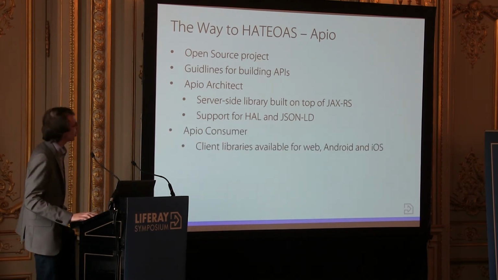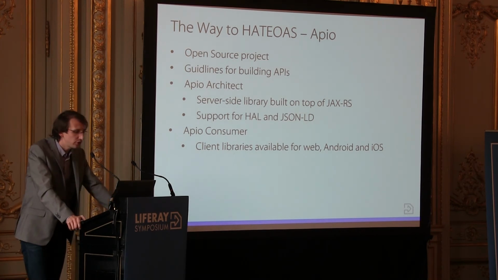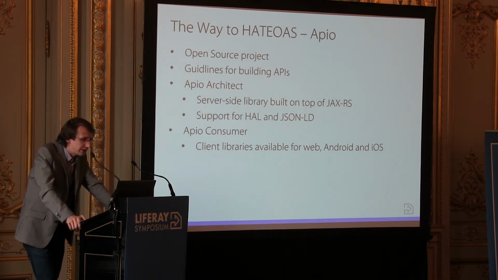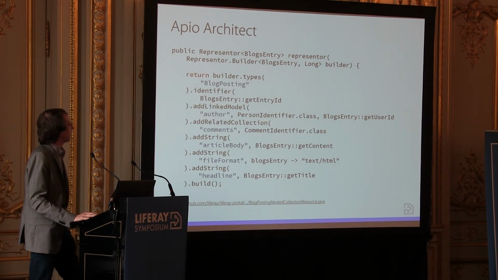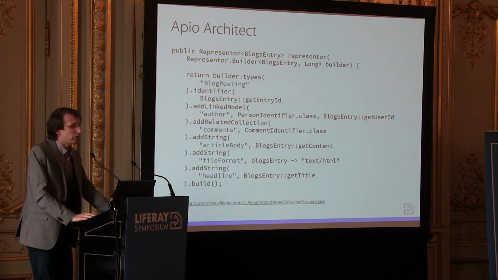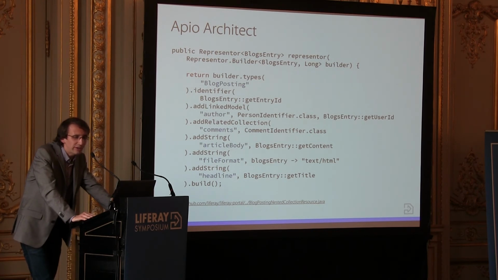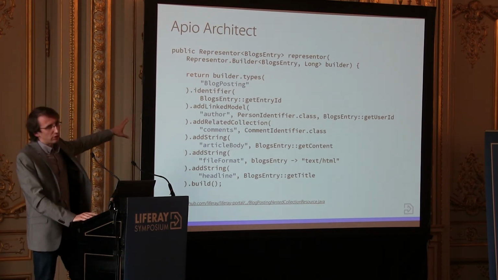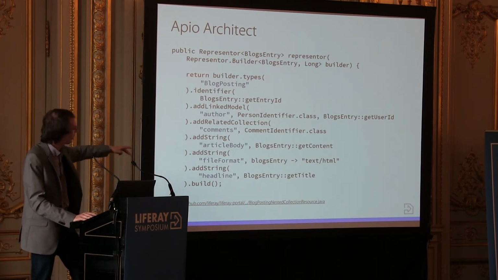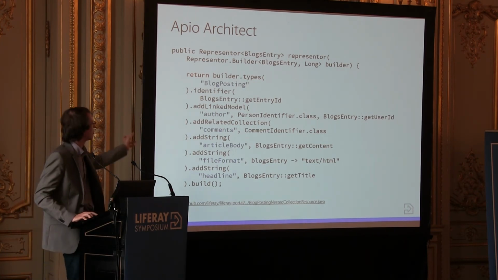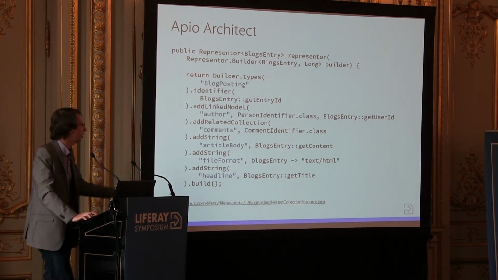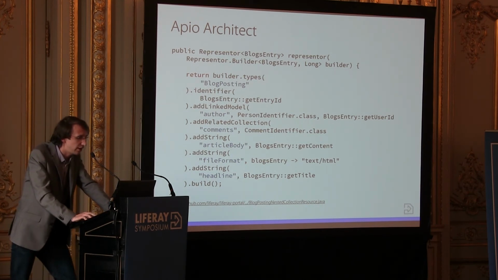But it's not only the server side, we also want to build Apio consumers. These are going to be client libraries available for web, Android, and iOS. Usually I think showing code in slides is not that useful, because you can look it up, right? But in this case, just to show you how easy it's going to be with the architect to build APIs, you just map more or less properties to actual methods within Liferay.